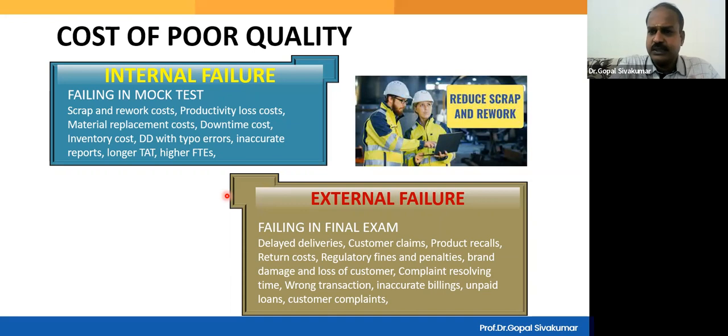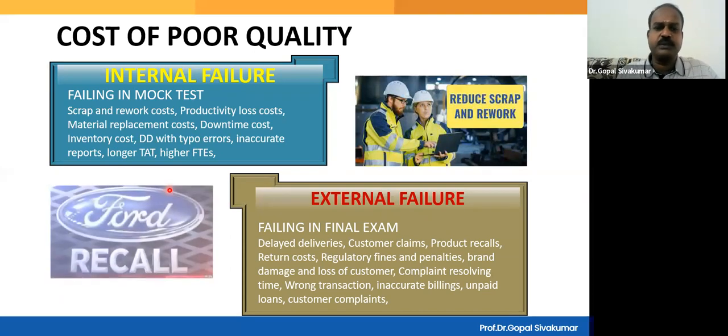And because of which there will be brand damage, and you lose customers, and you lose your time. You spend a lot of time in resolving a particular issue, and all these things are cost of poor quality resulting from the external failure.